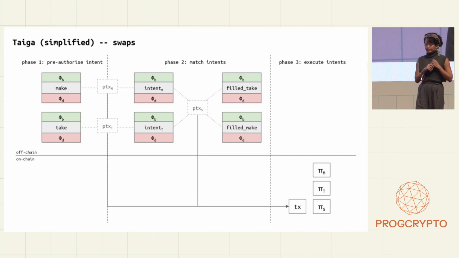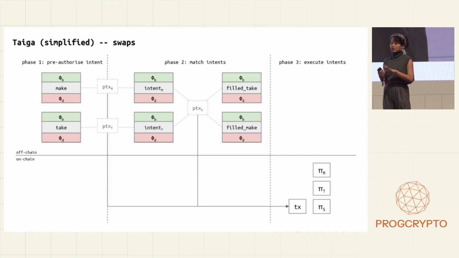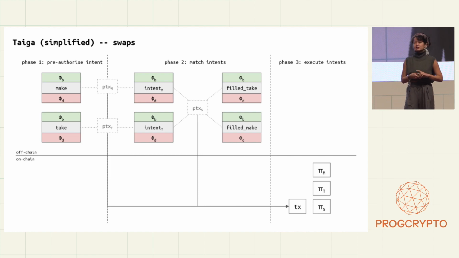So, yeah, how I understand Taiga is that it is sort of a reinterpretation of Zaxi to allow the simple composition of these partial transactions. And if you want to look more into the details of how Taiga differentiates itself from Zaxi, they actually wrote a blog post about this called Zaxi versus Taiga.